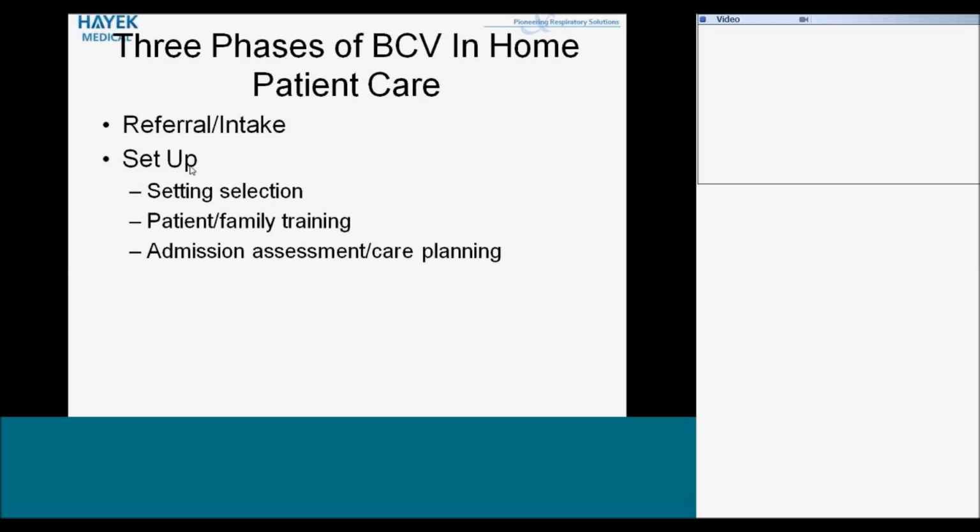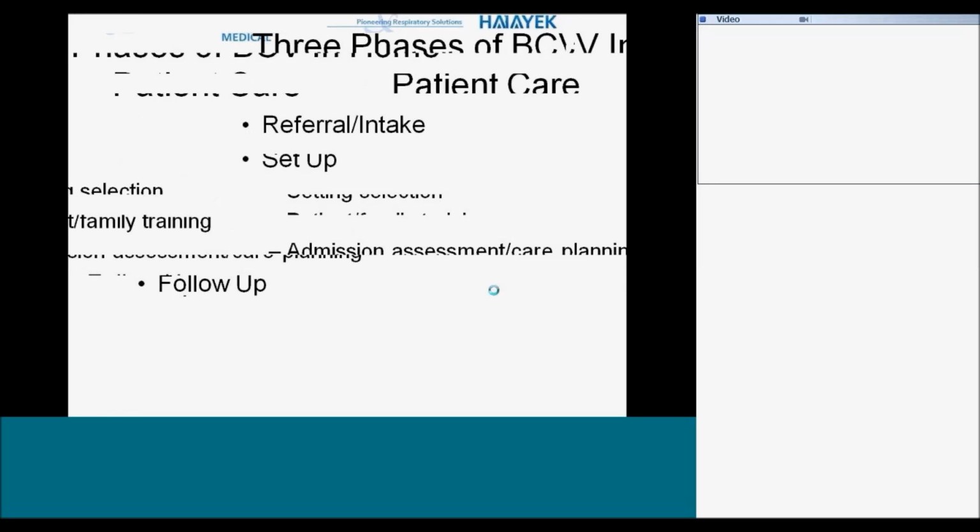And then setup, where we may determine setting selection. That may again be determined in the hospital or clinic, but as part of the setup, we may be selecting the settings or at least validating that they're appropriate for the patient. And then in the setup process, we're training the patient and the family on BCV use. And then we complete the admission assessment and care planning process in that setup phase. And then we have follow-up, which is what we're talking about now.